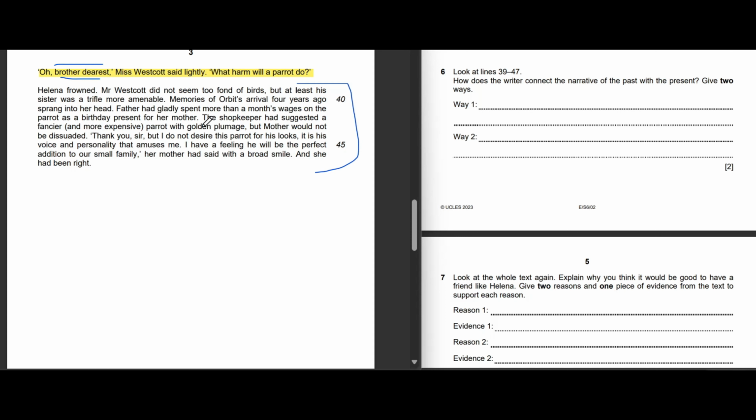So basically we have to just find the answer from here, of the past with the present, right? So if we see here, memories of Orbit's arrival 4 years ago. So this is the past, and sprang into her head.